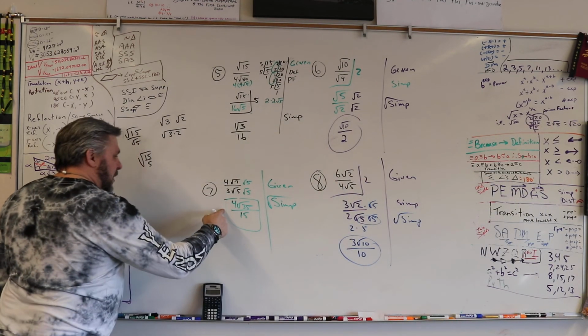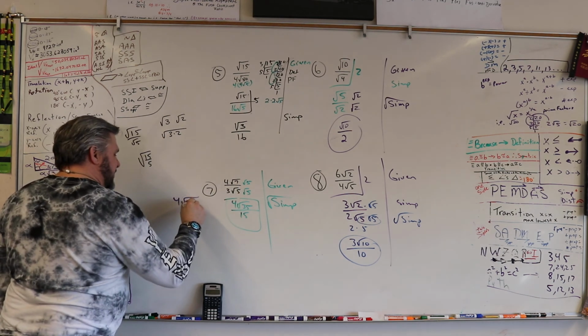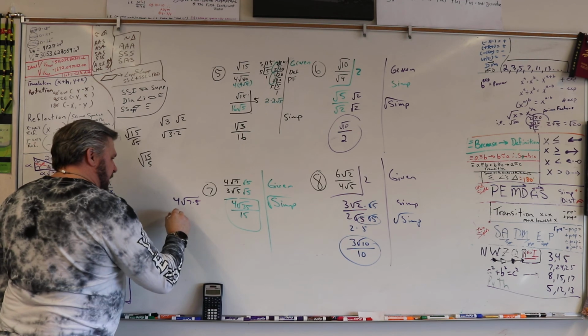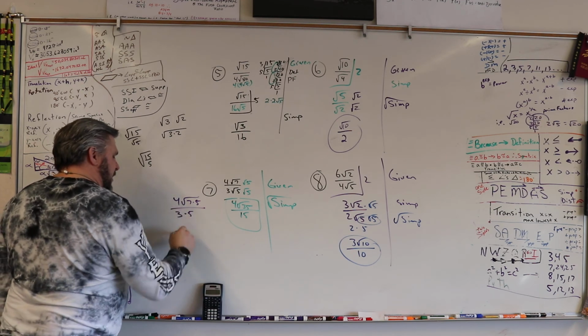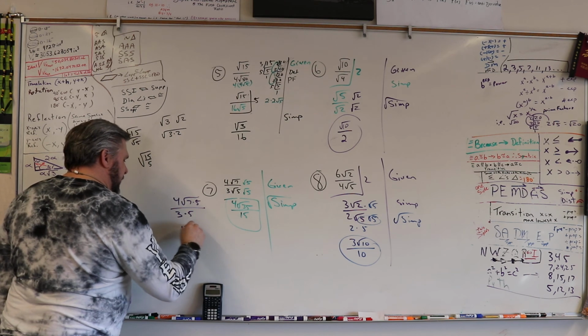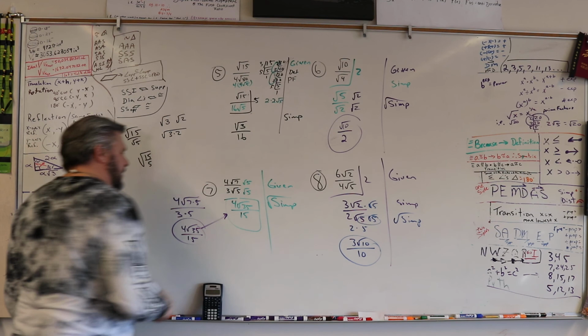Like this one turned out to be 4 of the square root of 7 times 5 and 3 times 5. And then we were able to get 4 square roots of 35 over 15. So that's how we got there.